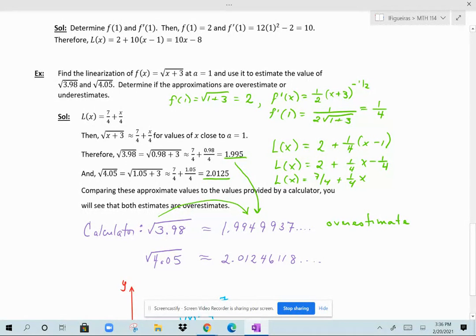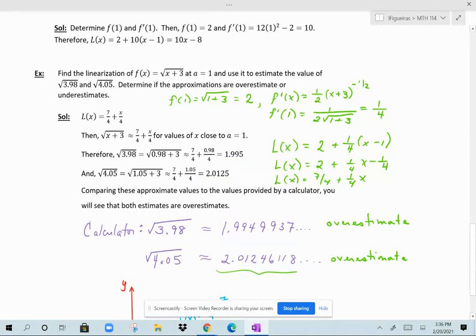And my calculator gives me this number for 4.05. And remember, this was the approximate value, 2.0125. So again, the line gives me a slight overestimate, but nevertheless a very close value.